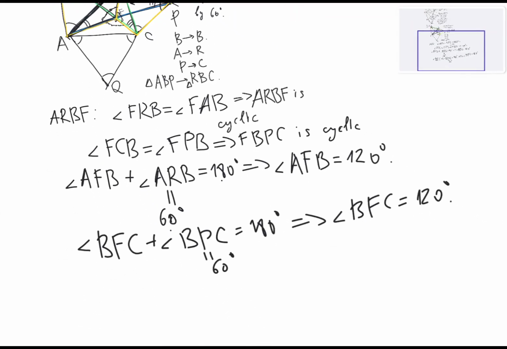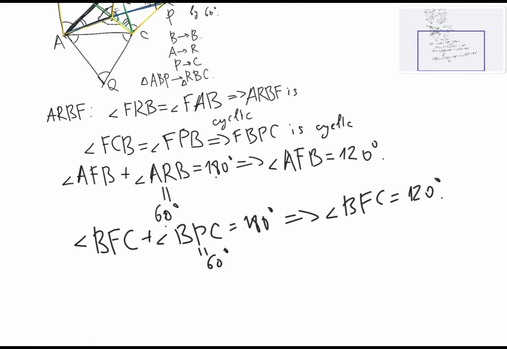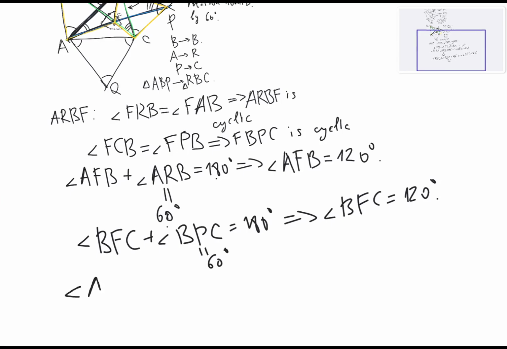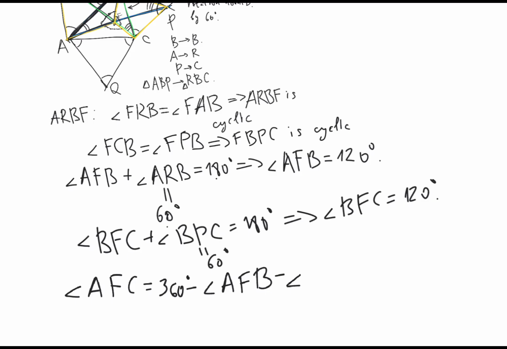So we calculate the angle AFC as 360 degrees minus the angle AFB minus the angle BFC. So this one is 120, this one is 120, so 360 minus 120 minus 120, it would be also 120.